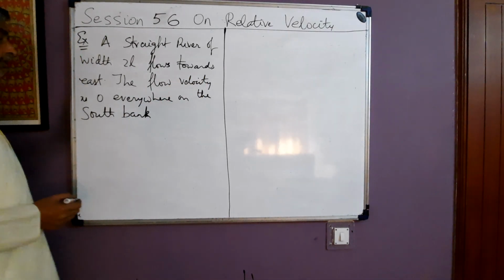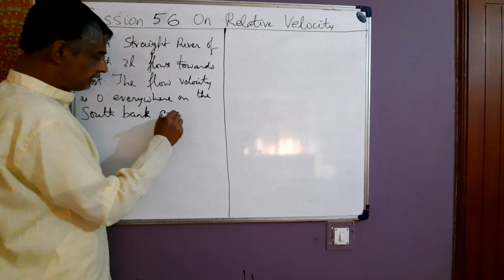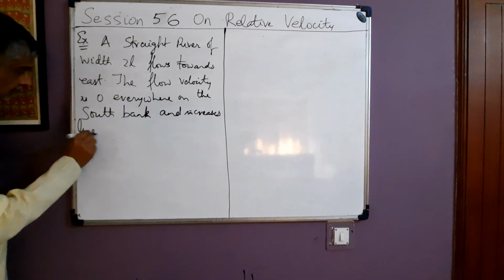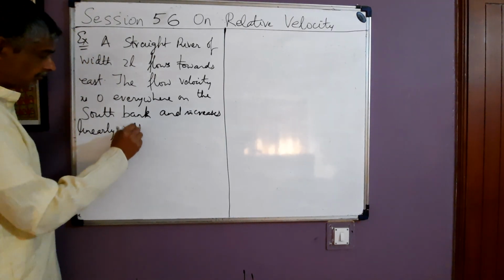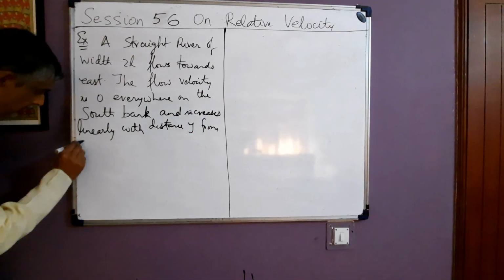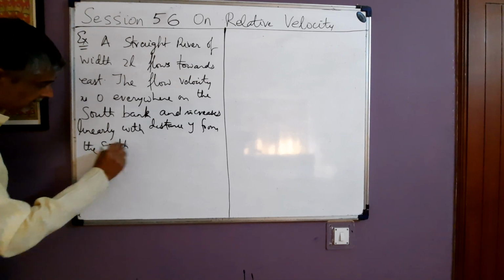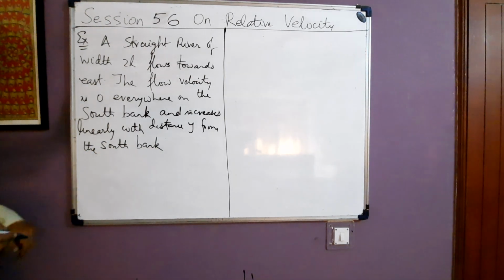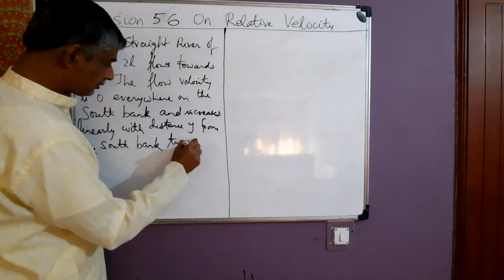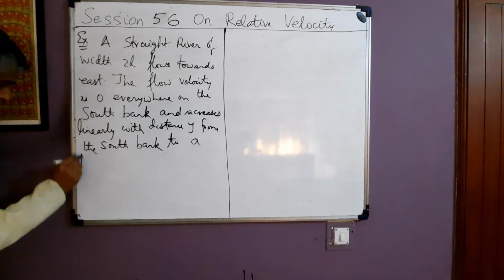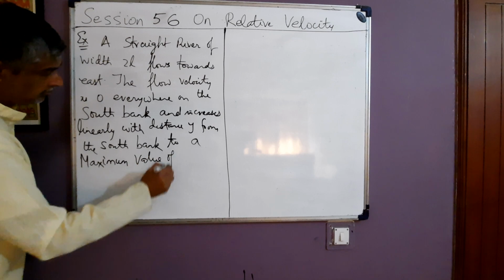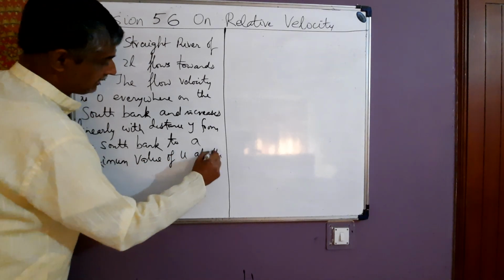The flow velocity is 0 everywhere on the south bank and increases linearly with distance y from the south bank to a maximum value of U at the center.